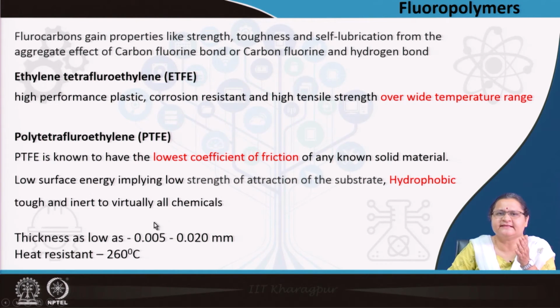You see, thickness can be as low as 0.05 to 0.2 millimeter, 0.02 millimeter, and it can withstand a large change or difference in temperature with low coefficient of friction.